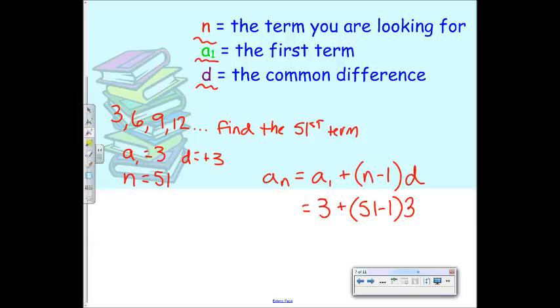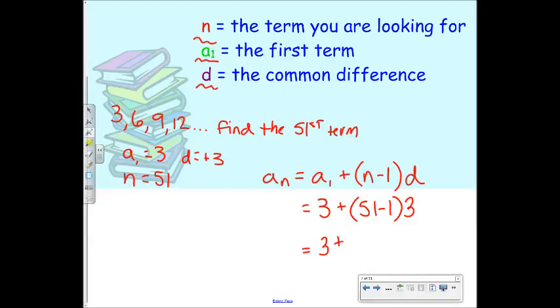So equals 3 plus what's 51 minus 1? 50 times 3. What do I do first? 50 times 3, which is 150, and 3 plus 150 is 153. So if we had kept going and listing those numbers, that's what we would have found out. This formula, though it looks complicated, is going to shorten the time a lot on that. Angel?